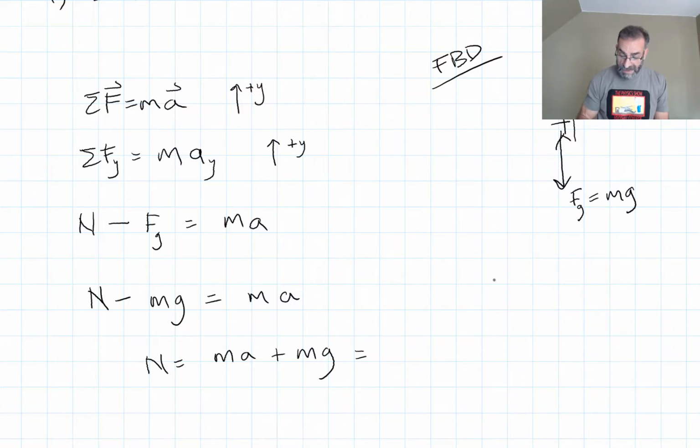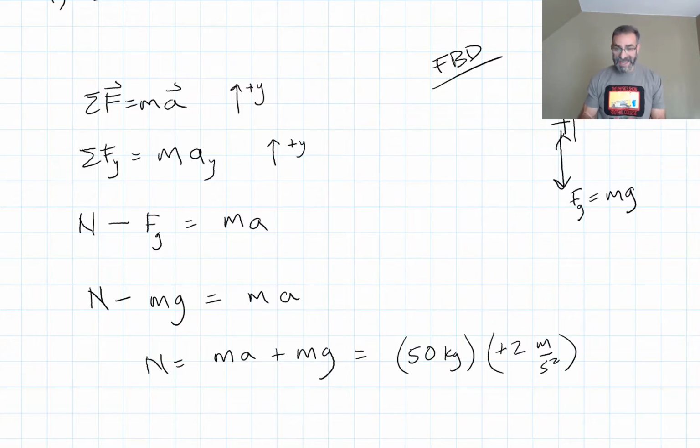And our mass is 50 kilograms. And the acceleration is in the positive direction. So I'm just going to write here positive 2 meters per second squared. I know I don't need that plus sign, but just to make sure you understand, we're putting in the acceleration and we know it's in the positive direction.